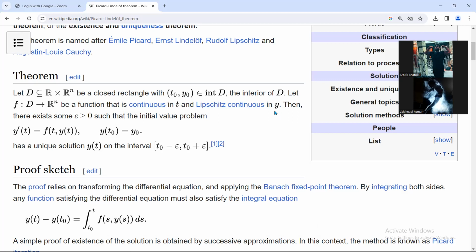I said Lipschitz in both variables, but you want it in only this variable. Then there exists an epsilon such that this initial value problem has a unique solution on this interval. So the statement I have stated is correct.